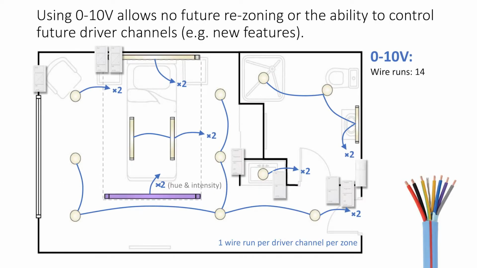Other design considerations. Who's an electrical engineer? Anybody? What is the most common method here in the United States to control dimmable fixtures, control-wise? 0 to 10. This is not appropriate for this type of lighting control.